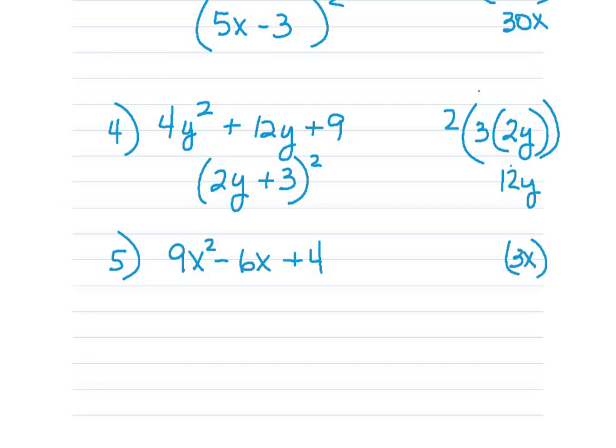Yes, and its square root is 2. 2 times 3x is 6x, and I'd have to double that. My middle term should be 12x. Notice that my middle term is not 12x, it's 6x or negative 6x. So this is not a perfect square trinomial, and it cannot be factored using a pattern.